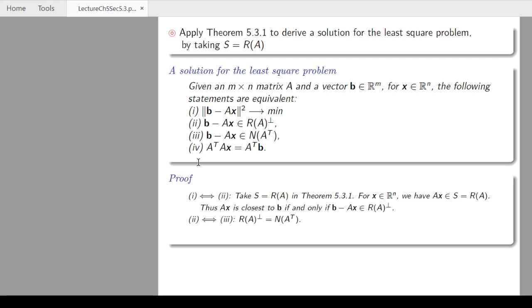For the second and third statements, they are equivalent because the orthogonal complement of Ra equals the null space of the transpose of A. That's the result we learned in the last section.